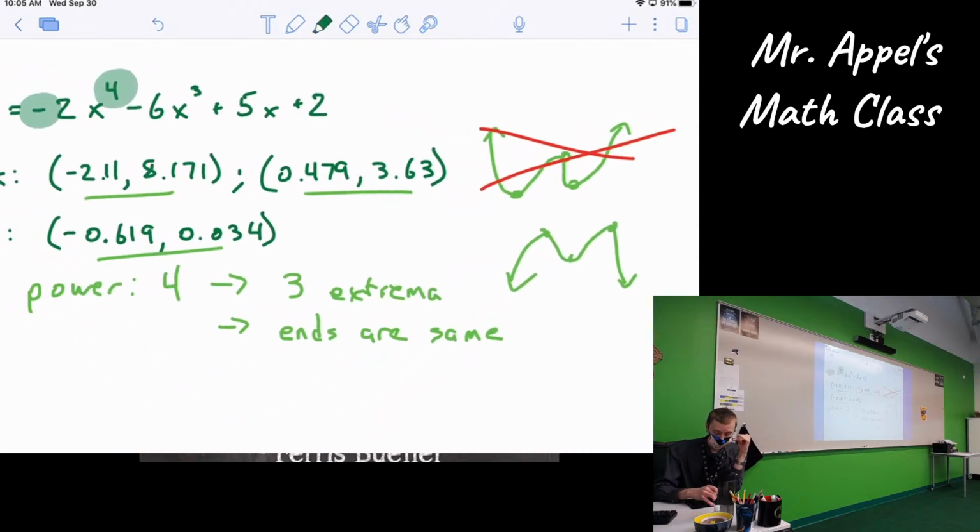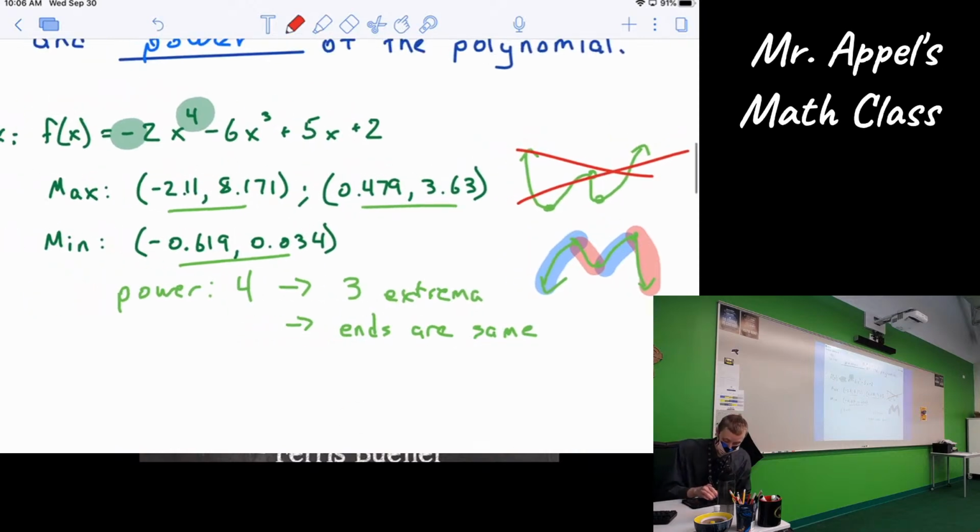So let's highlight the increasing sections here in blue, and we'll highlight the decreasing ones in red. So we can answer it is increasing from negative infinity up to whatever that first extrema is.